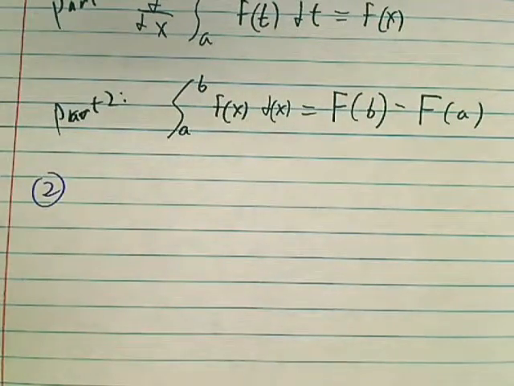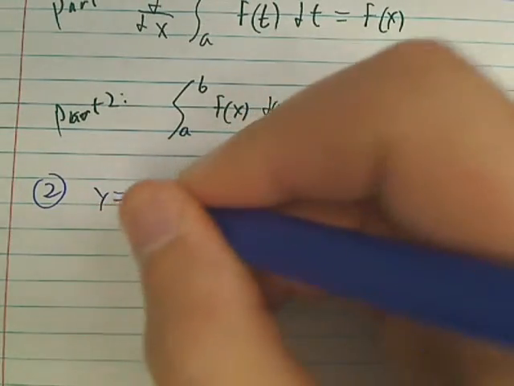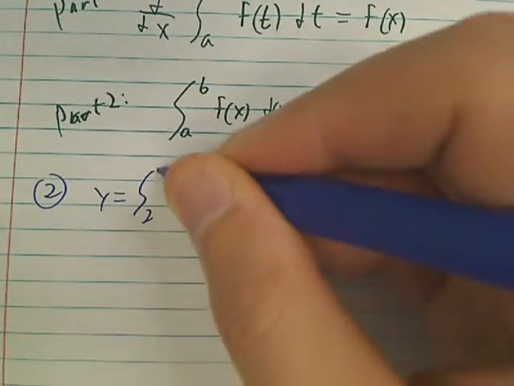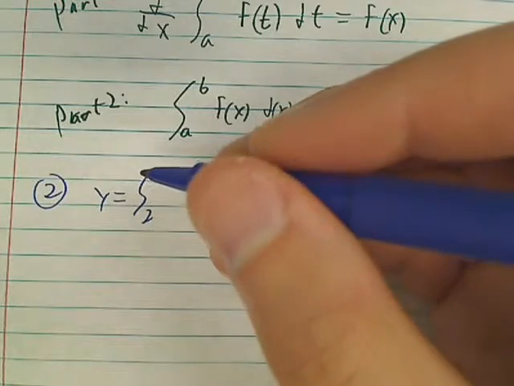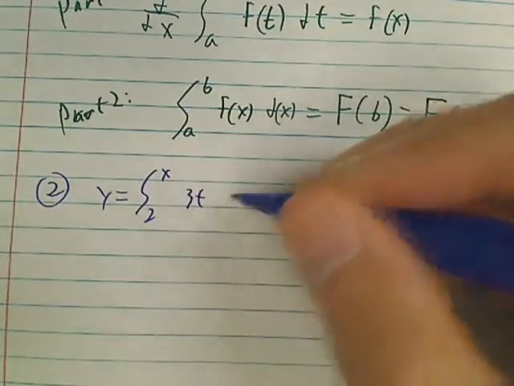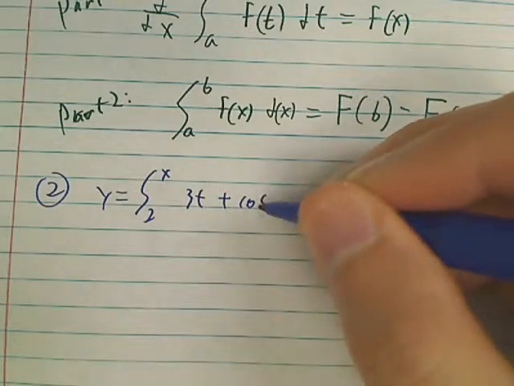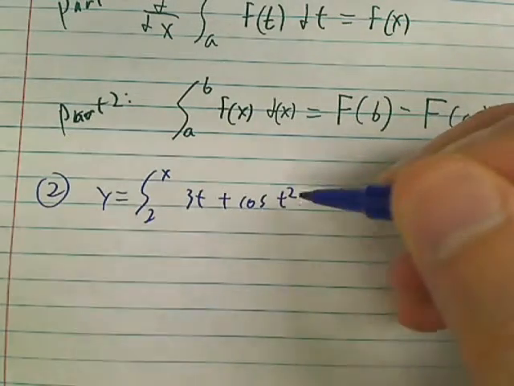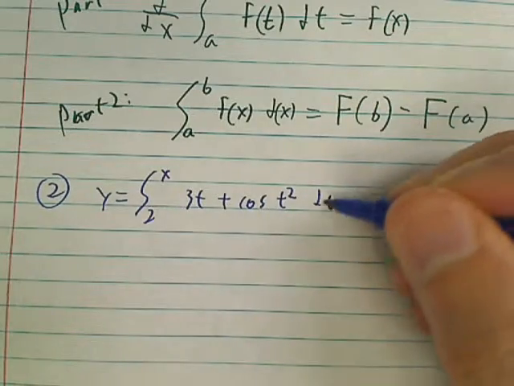All right, number 2 says y equals the integral from 2 to x of 3t plus cosine t squared dt.